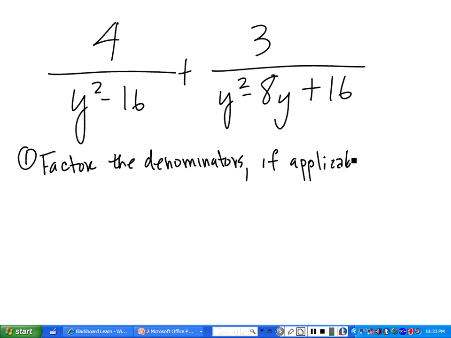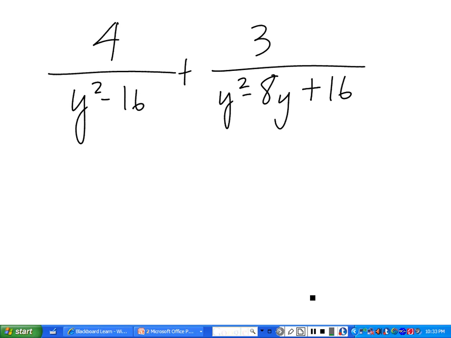In this case you can factor the denominators, and the reason why we want to factor the denominators is we're trying to basically tear it apart so we can figure out what's in common with both of these denominators. Right now we really can't tell, but if we factor both, we may see something that's in common, so we can figure out what the LCD is.